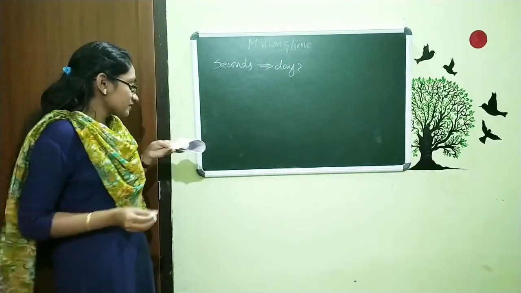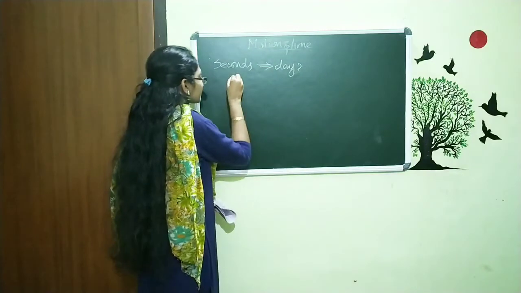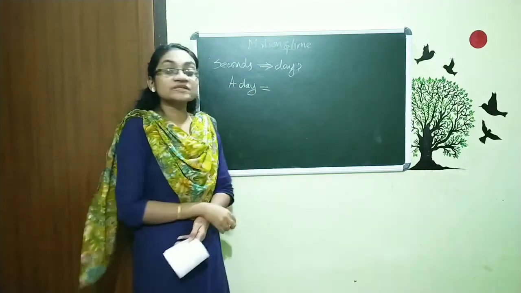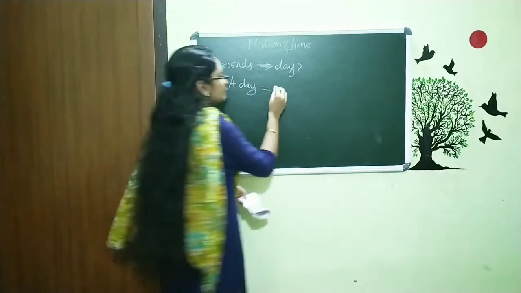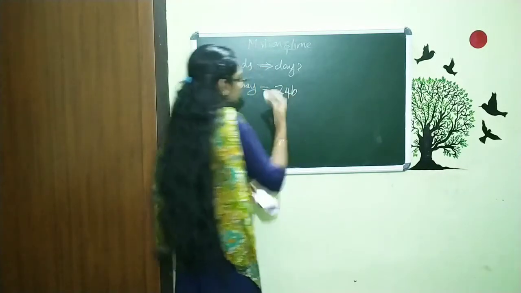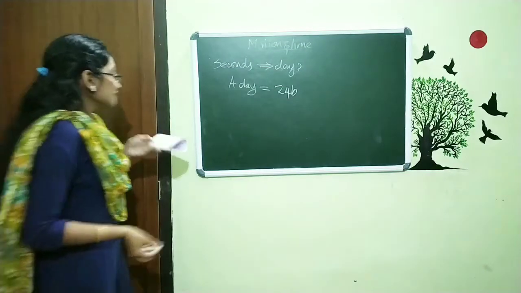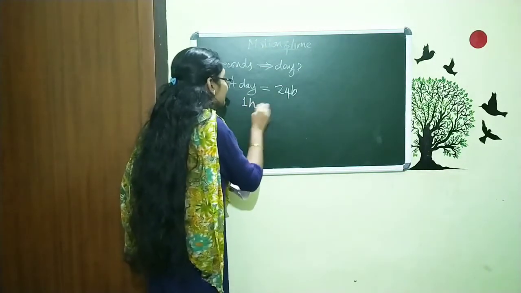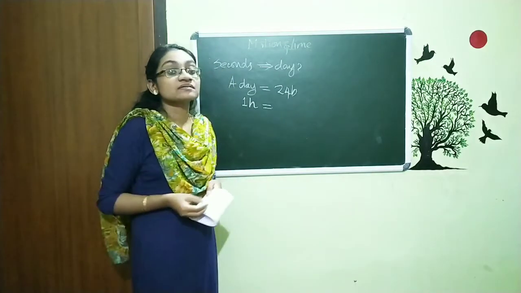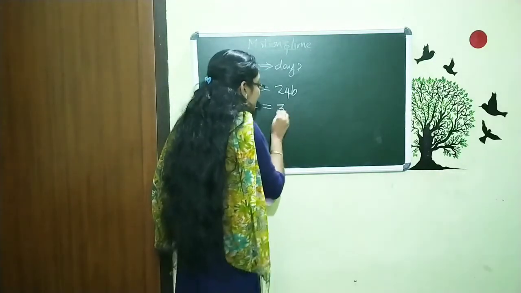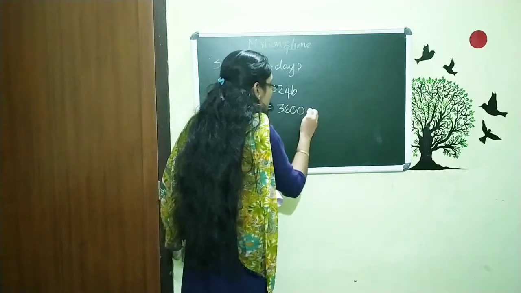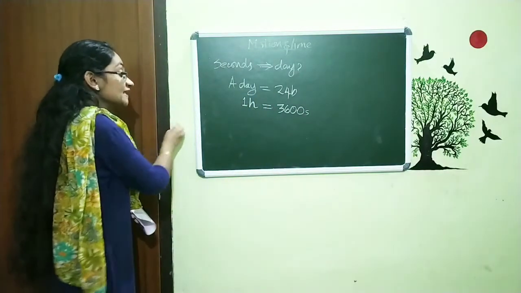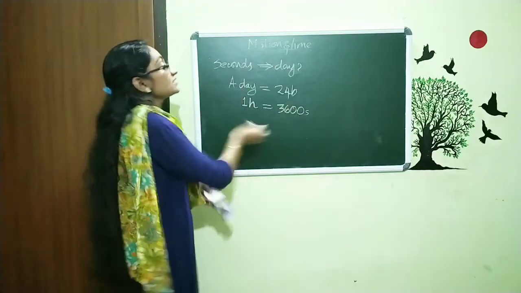So for that we just want to find: a day means how many hours we have? 24 hours. 24 hours we have. And 1 hour means how many seconds are there? There are 3600 seconds. So we want to find the number of seconds in a day.